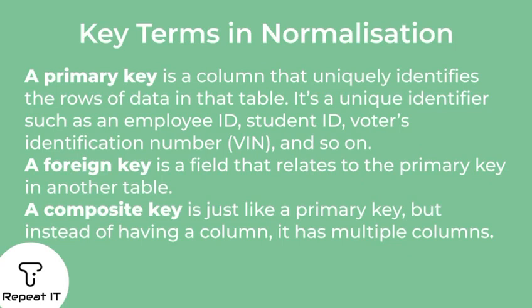It's a unique identifier such as an employee ID, student ID, voter's identification number, and so on. A foreign key is a field that relates to the primary key in another table. A composite key is just like a primary key, but instead of having a column, it has multiple columns.